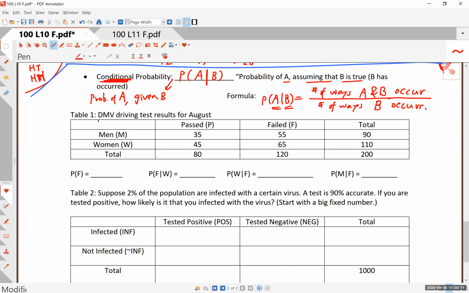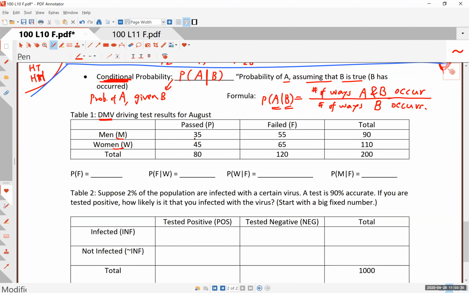All right, so here's a table, and this is a great illustration. You should study this carefully. Let's say in a department of motor vehicles, which is probably your favorite place to visit, driving test results for a particular August in some year. Both men and women go to take the driving test at this DMV.